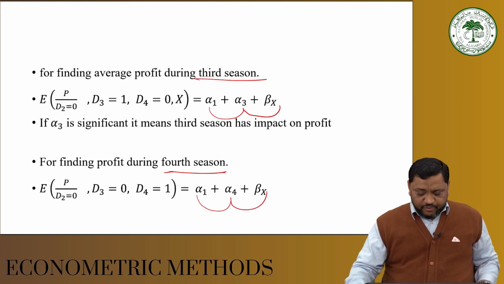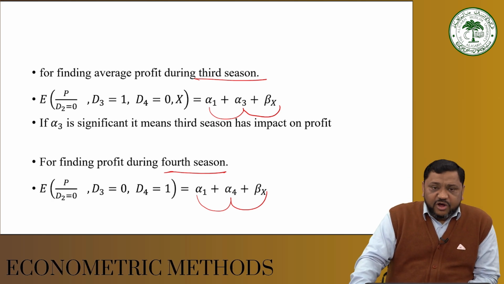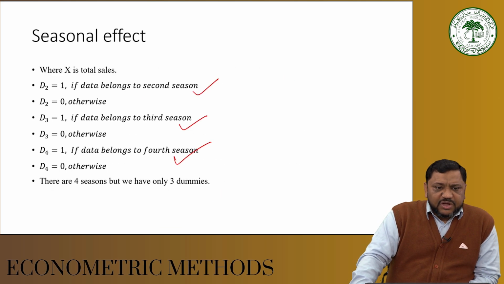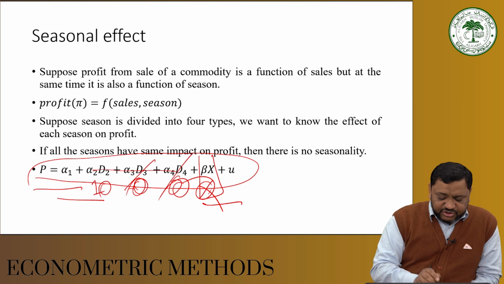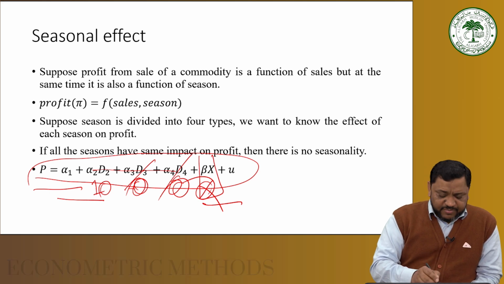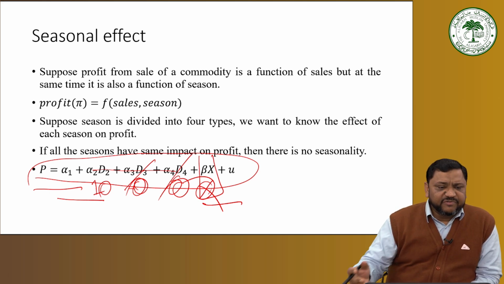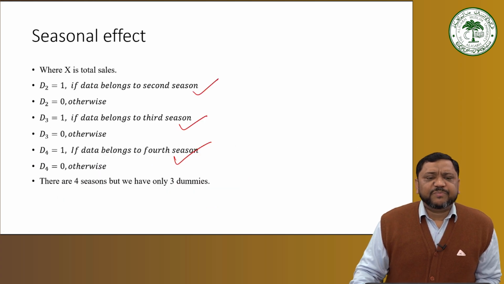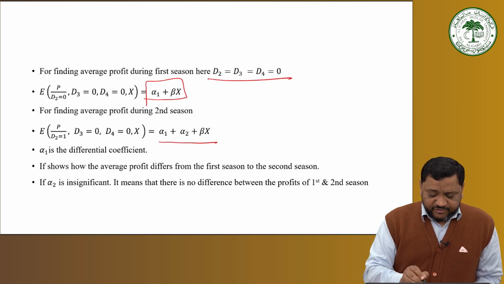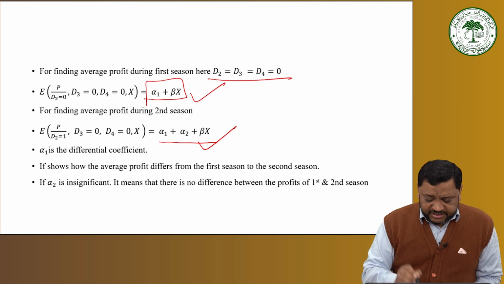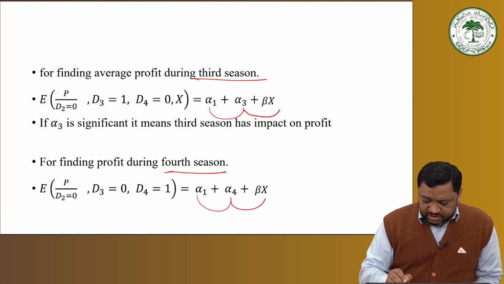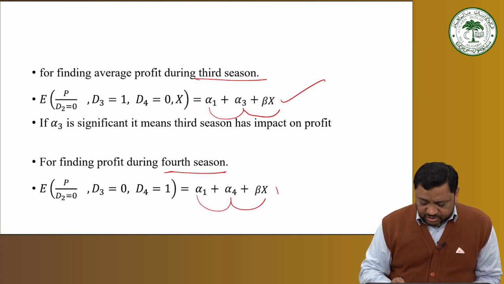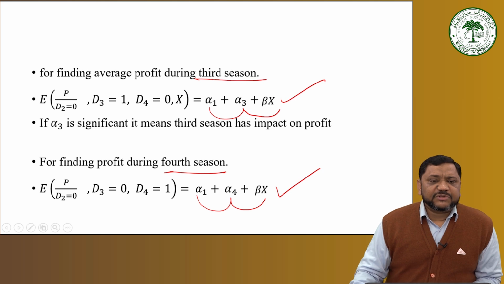This is how we derive the equations for all 4 seasons. From this equation, for whichever season we have, we incorporate that dummy variable and make the others 0. So we get this equation for the first season, this for the second, this for the third, and this for the fourth season.